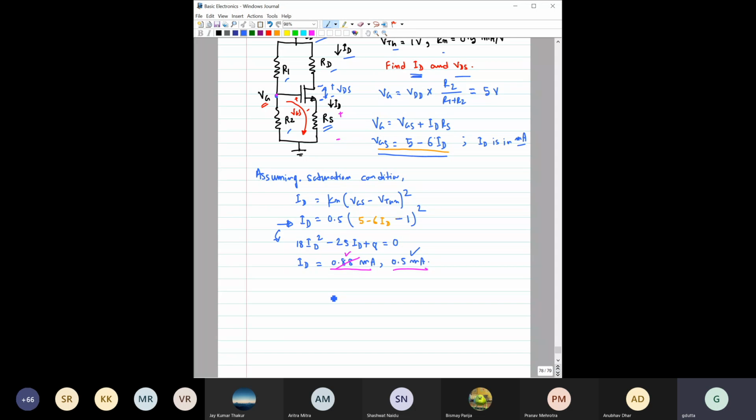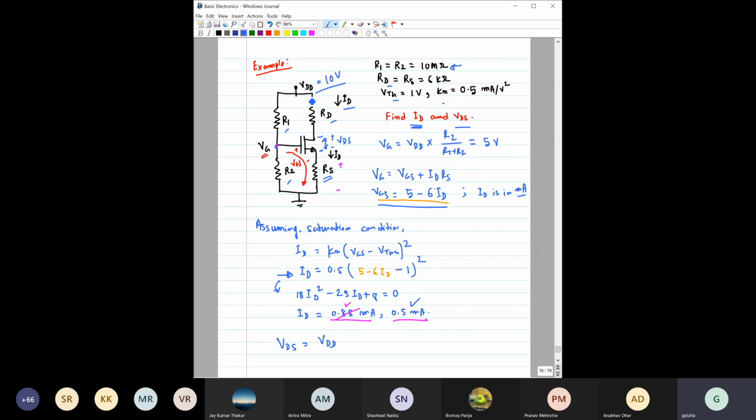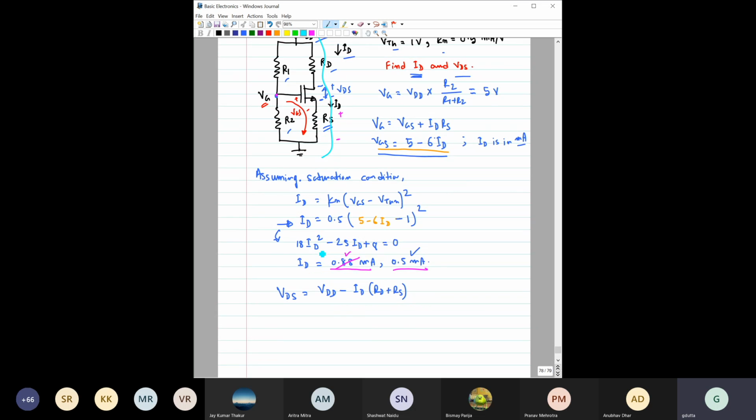Now to find VDS, that is also quite straightforward. VDS would be equal to, from this loop only you can write, VDD minus ID into (RD plus RS), right? Take a loop like this, and you will get this one.